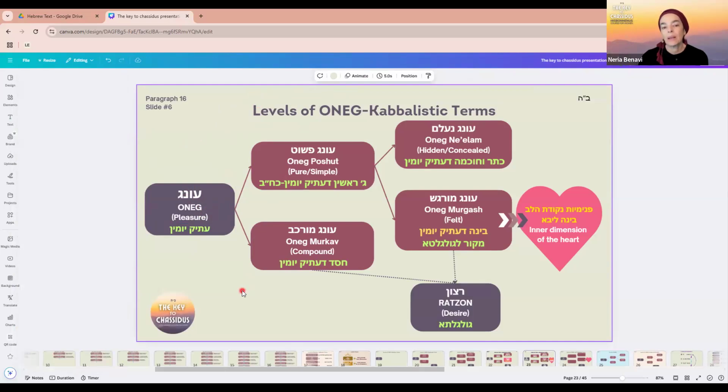And then within the intellect of Oneg, you separate out between what's more hidden, which is Keter and Chochmah, and what's more revealed or Morgash, which is the Bina of Oneg. And so then it doesn't feel so intimidating, because all these different terms can feel intimidating. It's like, wow, how am I ever going to remember that? You don't need to remember this.